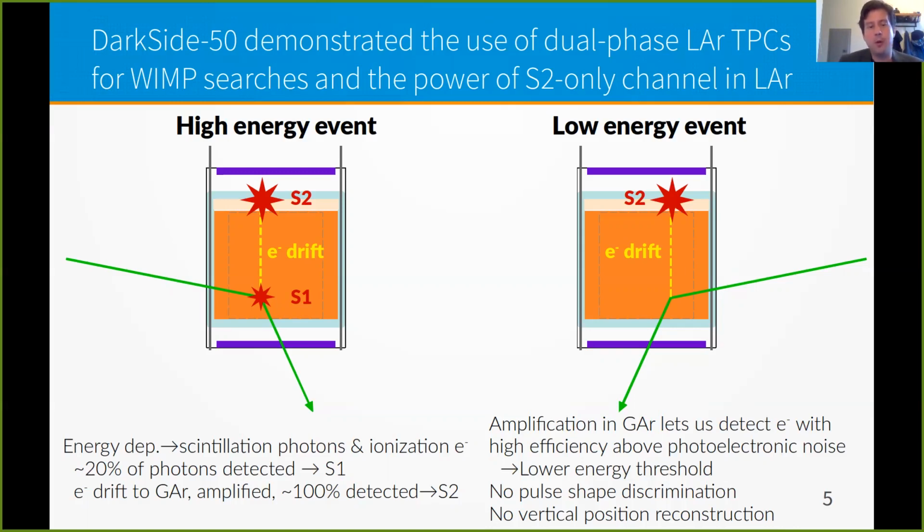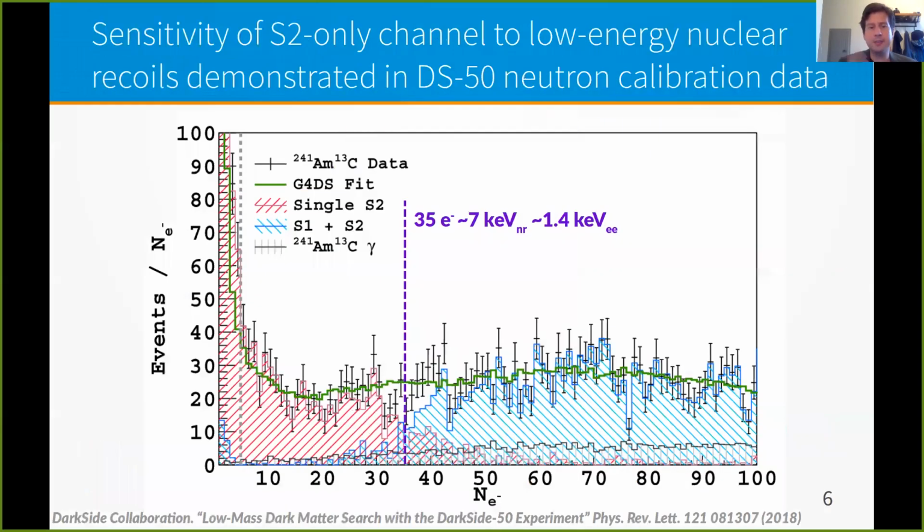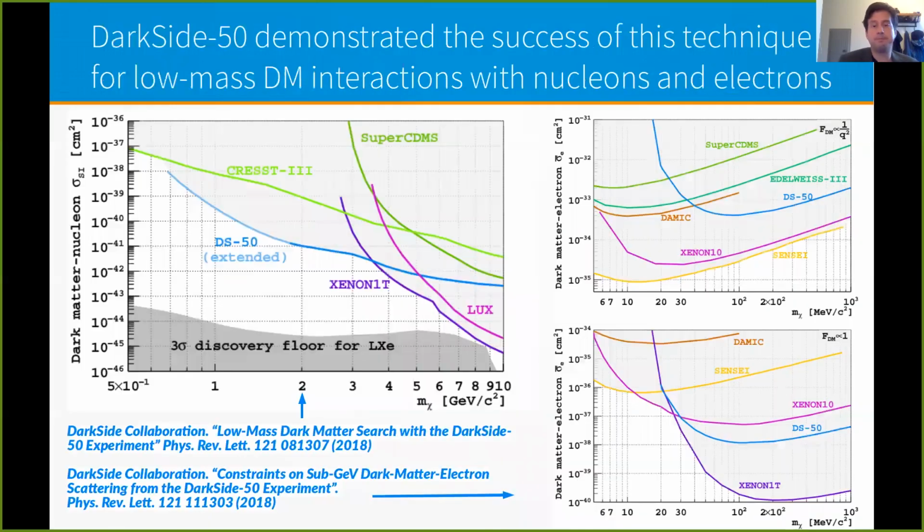However, when we go below the range at which we see S1 pulses, we lose the ability to separate electronic and nuclear recoils based on the S1 pulse shape, and we also lose the ability to reconstruct the vertical position of the event. And this is illustrated in what DarkSide 50 saw here, where we see that below 7 keV nuclear recoil energy, we start to lose the S1 pulses and we fall into the S2-only regime.